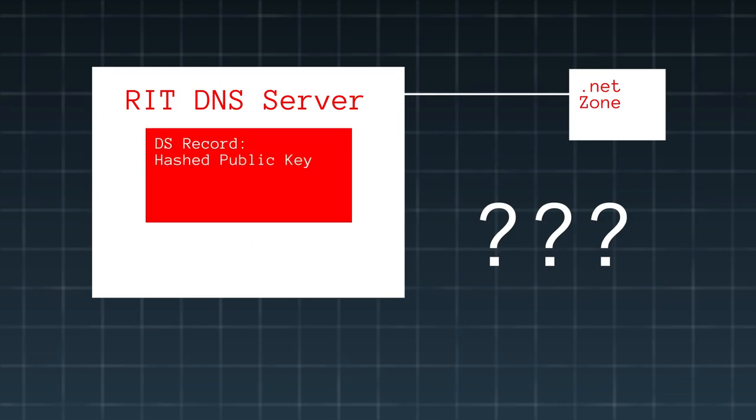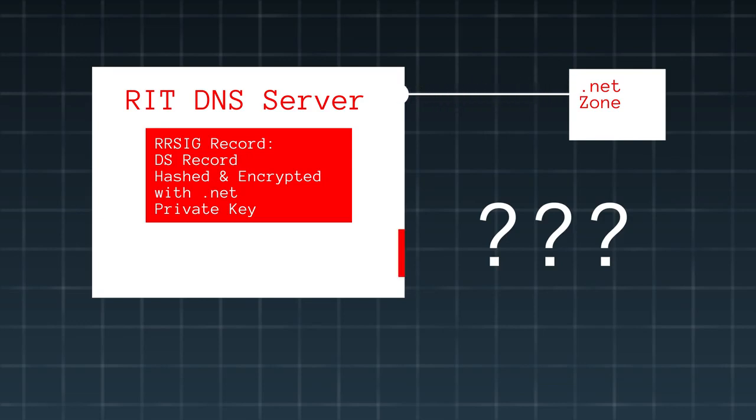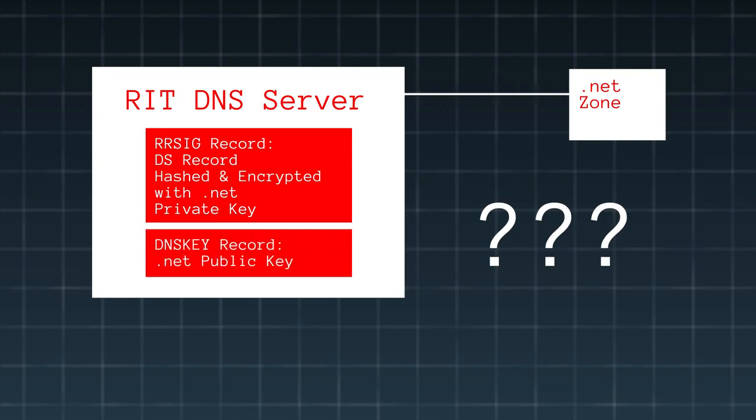How do we trust the DS record itself? The DS record is in turn hashed and encrypted with .NET's private key and presented in the form of an RRSIG record. Now, the RIT DNS server requests that the .NET zone send its public key in the form of a DNS key record.